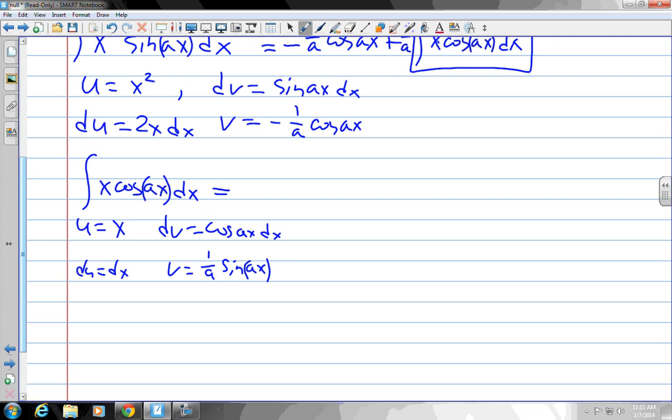So this becomes uv, x over a sine of ax, minus the integral of v du. 1 over a is a constant. So that's just the integral of sine of ax dx.